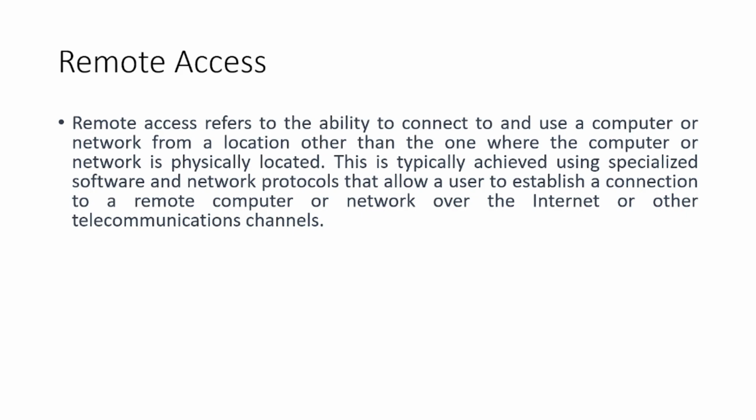So the network is a must. Another point is that this is typically achieved using specialized software and network protocols. There are a lot of network protocols, like HTTP and FTP. Using those network protocols, we can achieve remote access. Through this access, we can allow a user to establish a connection to a remote computer.